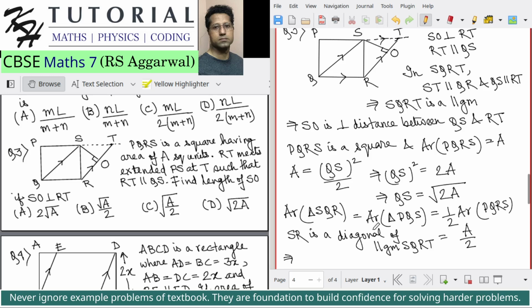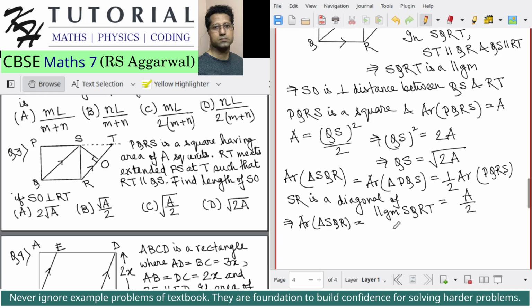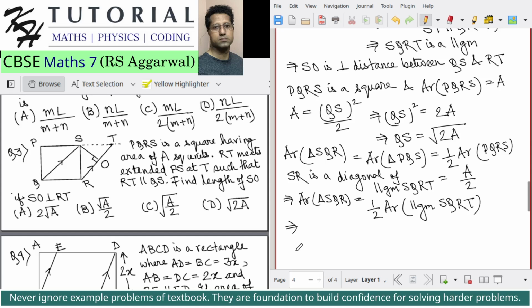So we must have the area of triangle SQR equal to half the area of the parallelogram SQRT. We know that the area of triangle SQR is equal to A by 2.